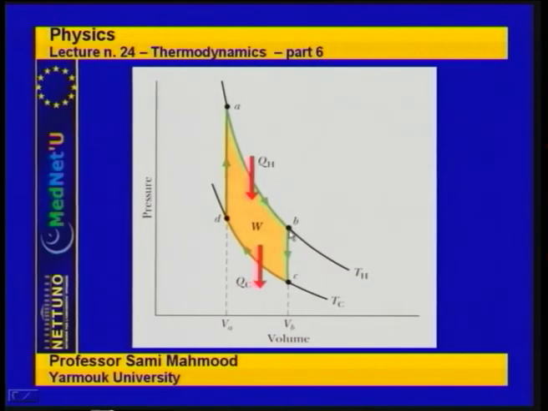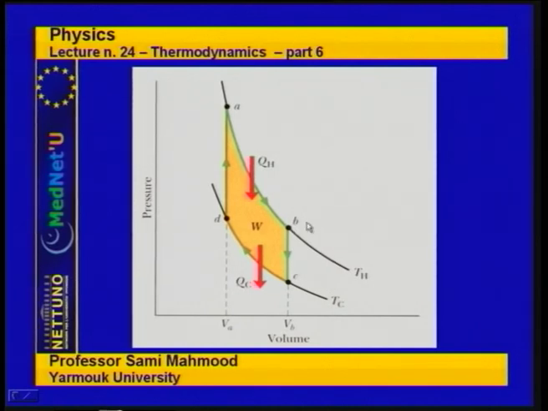So this would be the cycle of the Stirling engine, and this cycle shows that the system is taken from state A to state B isothermally, then a constant volume process, then an isothermal compression to D, and then a constant volume process back to A. Q sub H and Q sub C are the same as before.